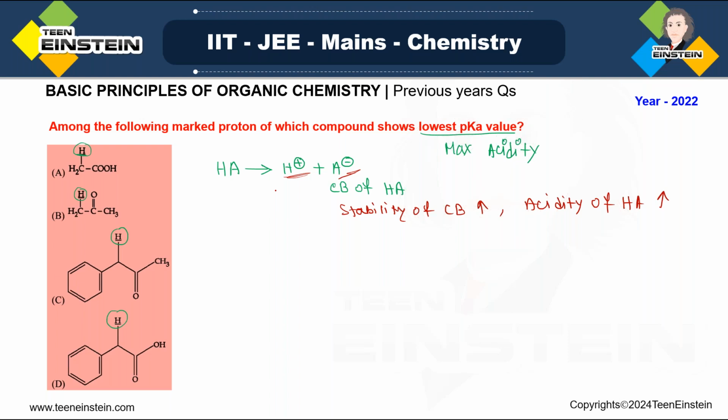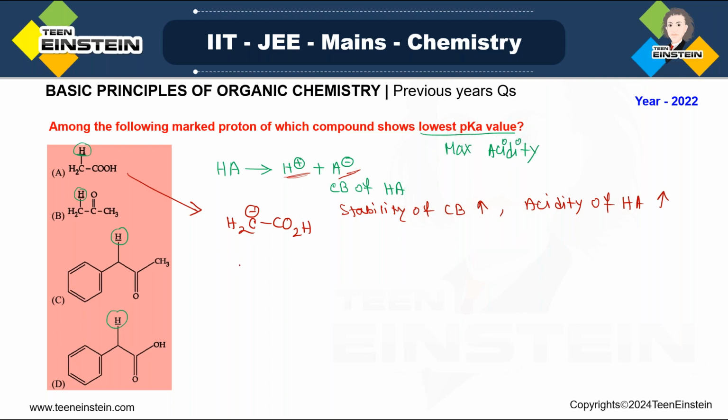Now we have to check in which case, after removal of H, the negative charge over carbon that you are getting is stable. Because if the negative charge is stable, that means the corresponding conjugate base is stable. So from the first one, we are getting H2C negative, then we have the CO2H group.